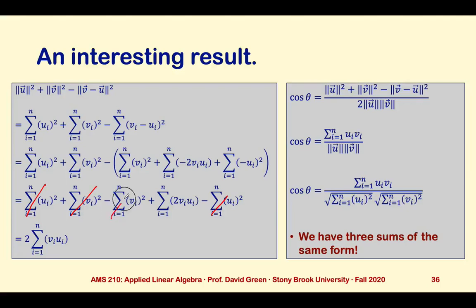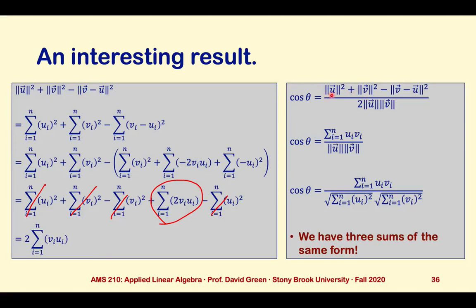These terms cancel out. And the only thing we're left with then is this one remaining term, a sum over all of the elements of u and v, 2 times vi ui. We can factor the 2 out and put that out front, 2 times this sum over all of the elements.